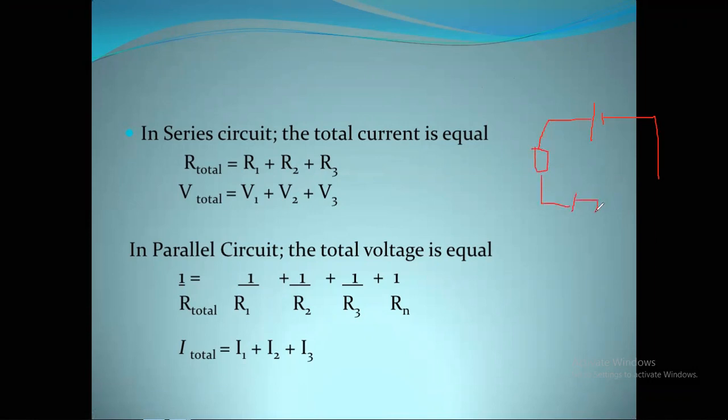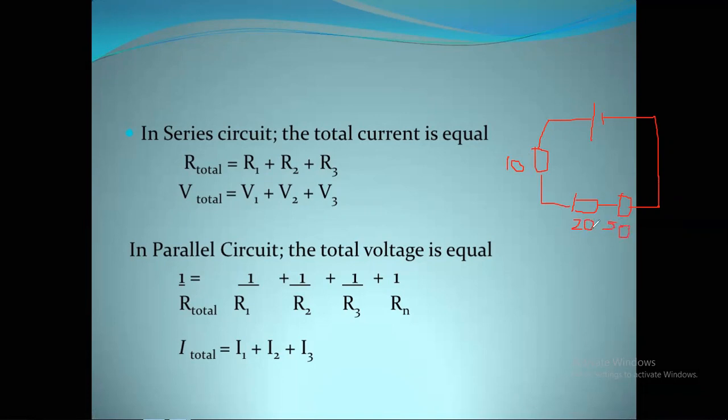You can see all the resistors are one after the next. The circuit is not broken up. This is 10 ohms, and this is 20 ohms, and this is 50 ohms, suppose.